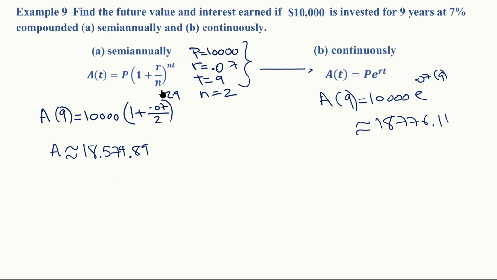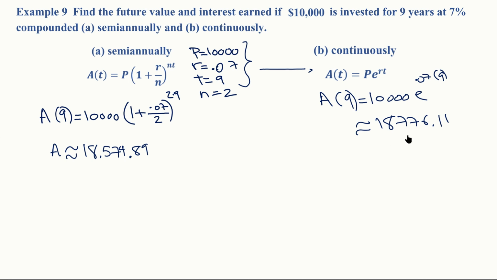But remember, this one is going to earn a much bigger chunk every time it gets paid, right? Whereas this one, at every instant, is just going to add a very, very tiny amount, right? So yes, in the long run, this will end up paying you more.